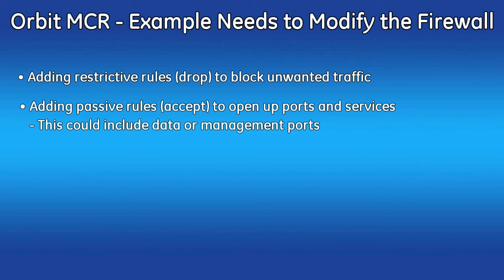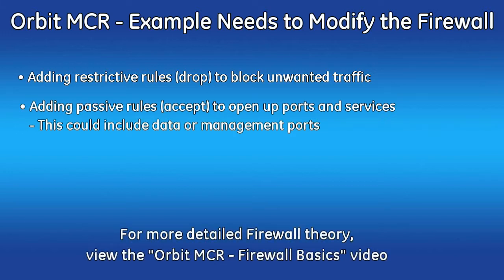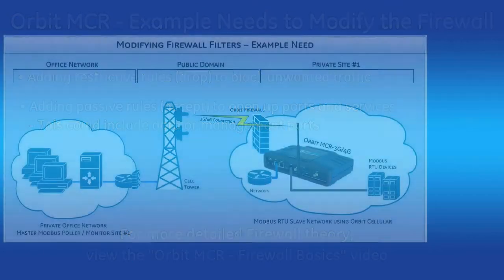These can include Modbus and DNP3 ports for data, or HTTPS and SSH ports for management. For additional firewall theory and information, view the dedicated Firewall Basics video in this series.